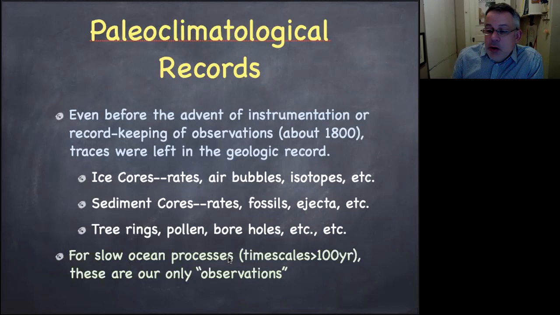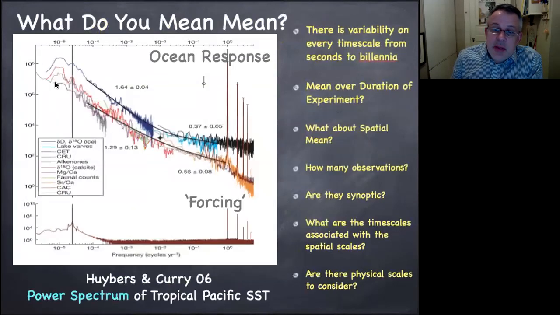For things that are older than we have been, or slower than how long we have been making records of temperature and salinity and things, so things basically over 100 years, these are the only observations we have. And that's where this time series from Huybers and Curry is so powerful.